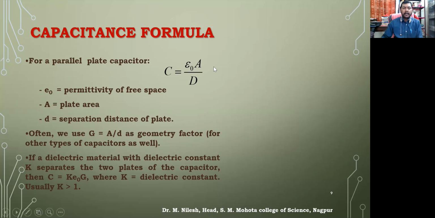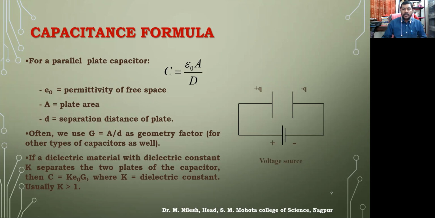The main formula is C equals epsilon A by D, in which epsilon 0 is called the permittivity of free space, A is the plate area, and D is the separation distance of the plates, that is the distance between the two plates, right? So this is the formula for capacitance that we have studied. This is the symbol of that. We have two equal plates, so we draw two equal lines.